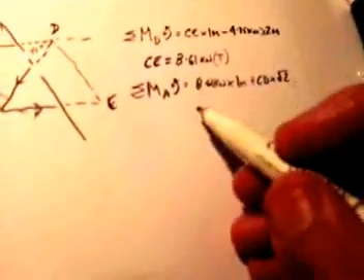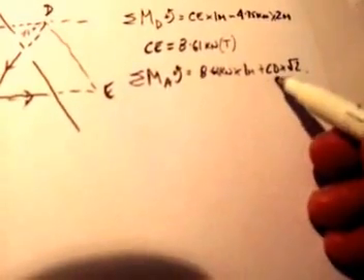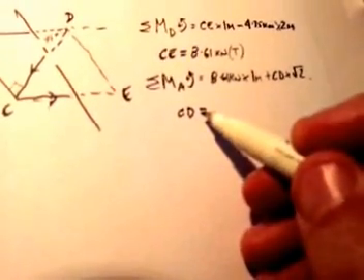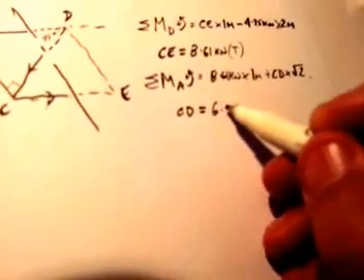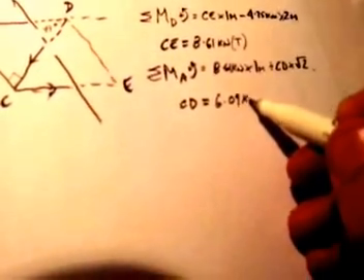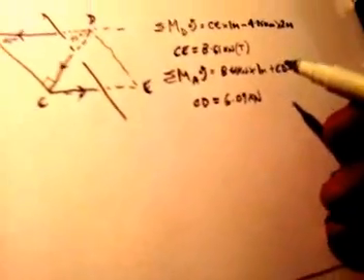So what that means then is that we can now solve for CD, which is what we want. We find that CD is going to equal 6.09 kilonewtons.